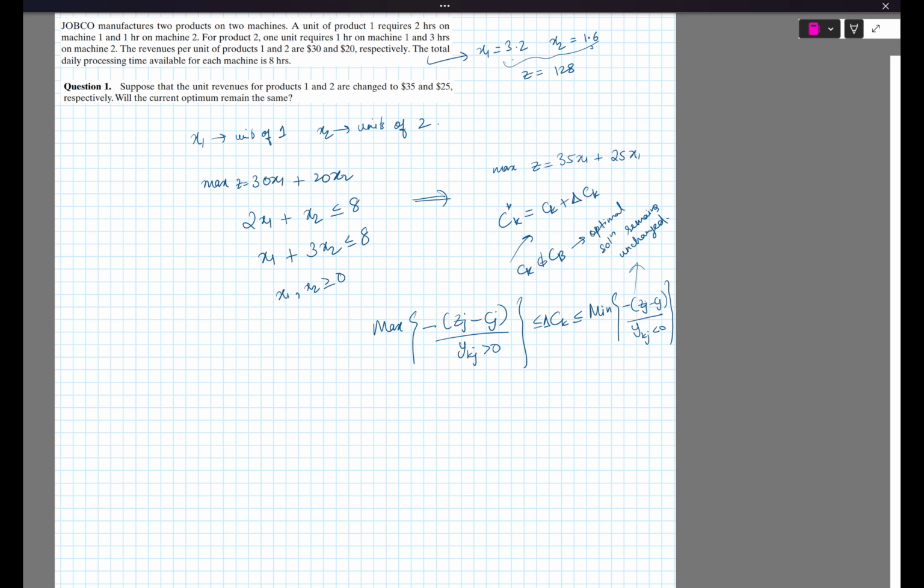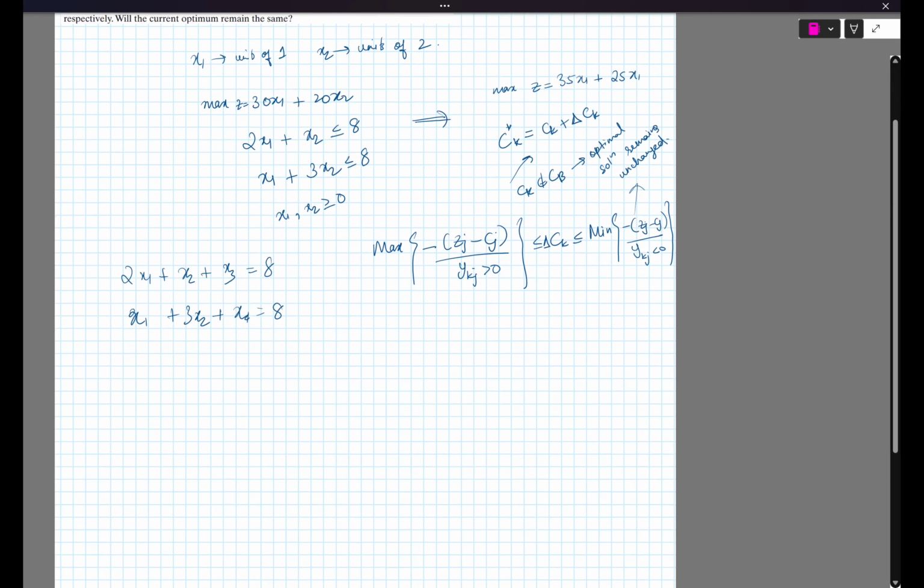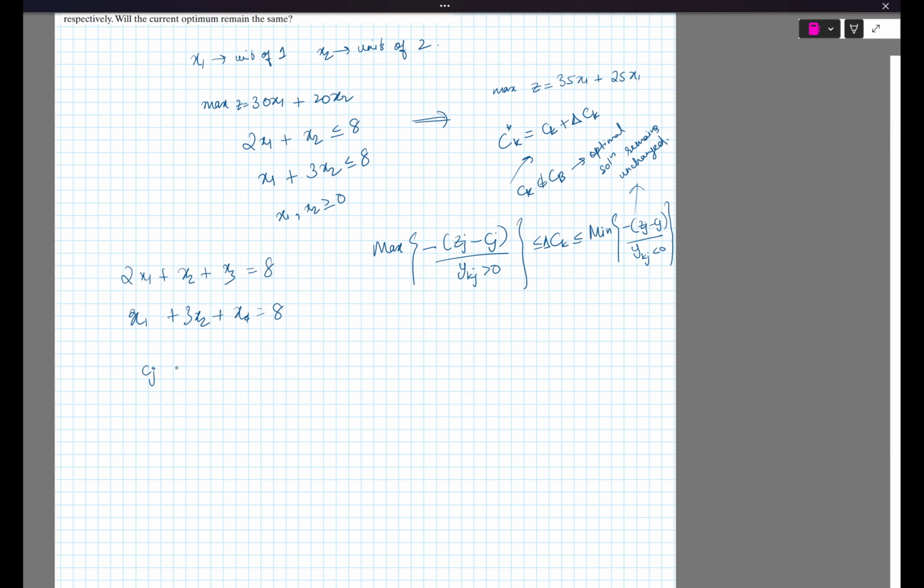So let me compute this. 2x1 plus x2. Then just write 3, 2, 0.